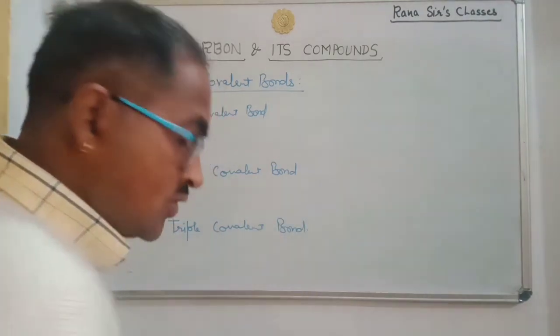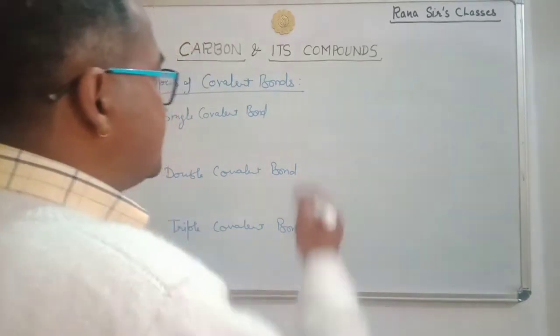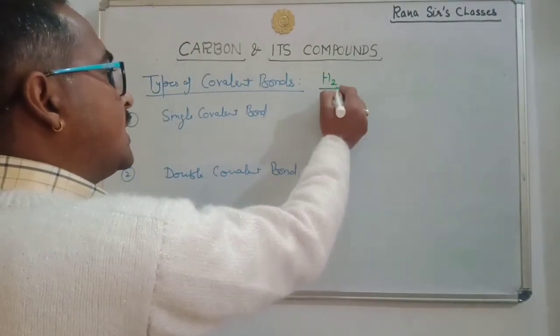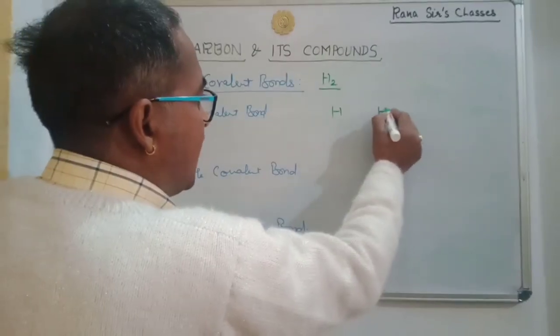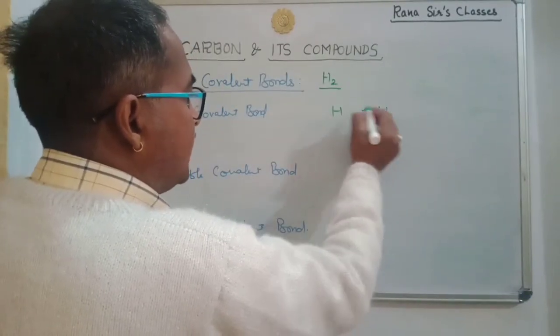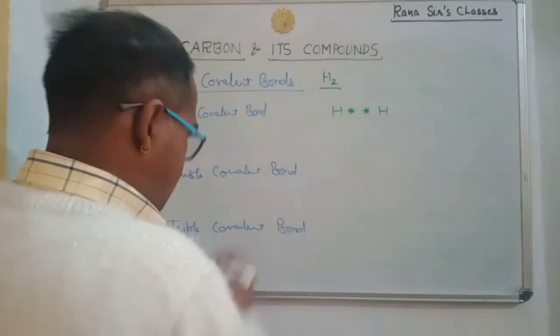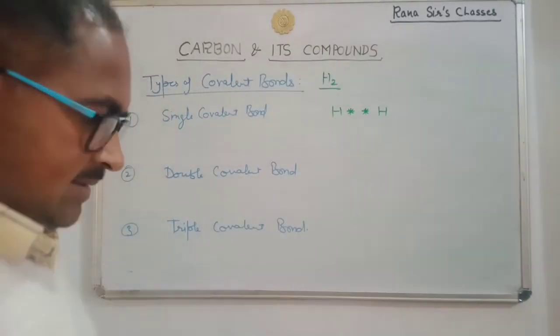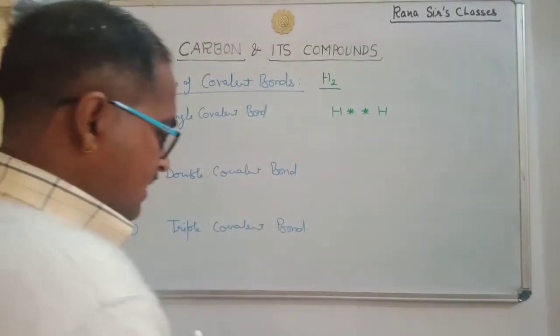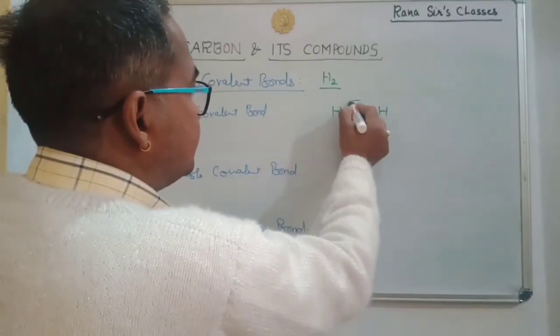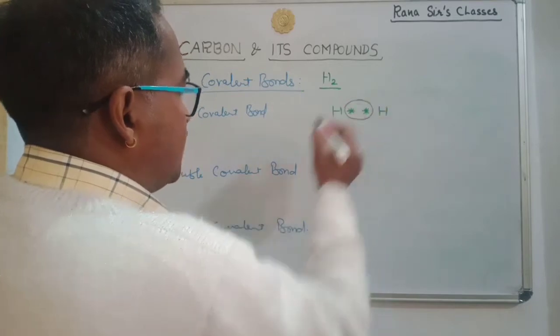Single, you see an example from hydrogen molecule. Here we have one of the hydrogen, and here is the second of the hydrogen. It is having one electron, it is having one electron, and these will combine, students, to form a covalent bond.